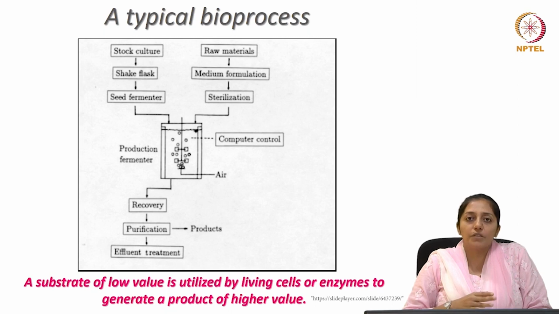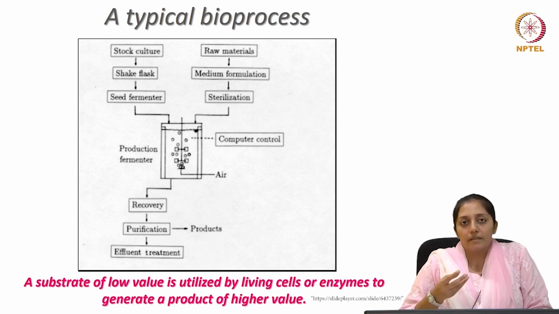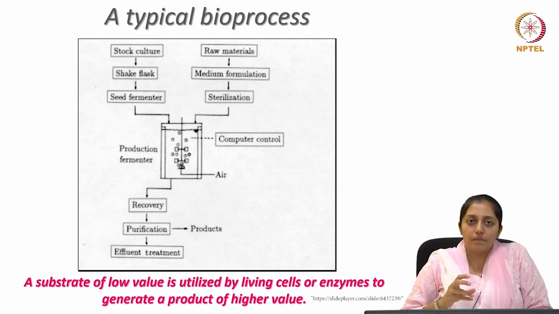Stock culture means your master cell bank, which can be cryopreserved or maintained for its continuous use in production. That stock culture is brought to a working culture state, called the working cell bank, by exposing it to favorable or rich nutrients at a very small scale, which is generally shake flask level.